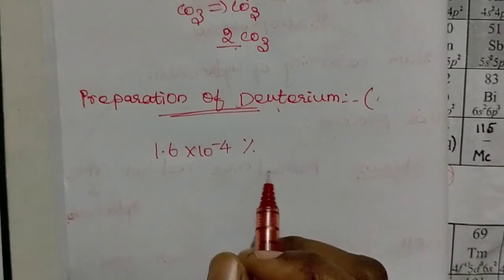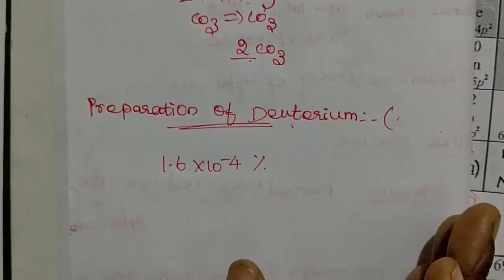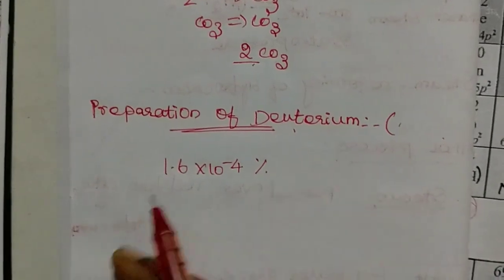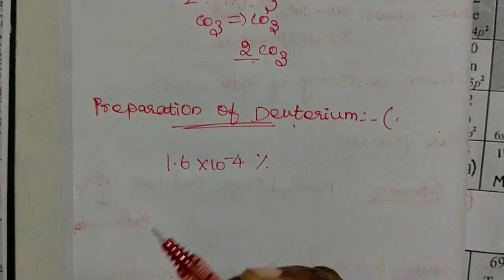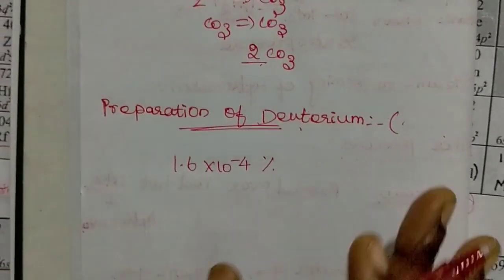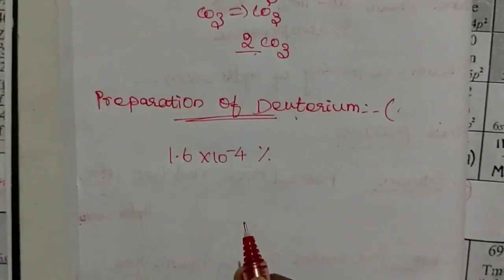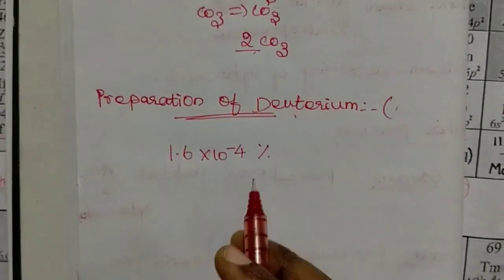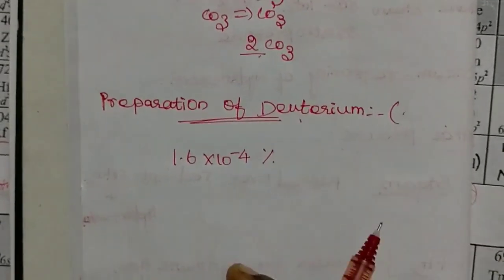So in the electrolysis of water process, when water is electrolyzed, hydrogen is easily liberated from the water, but heavier molecules like deuterium are not easily liberated from the water.